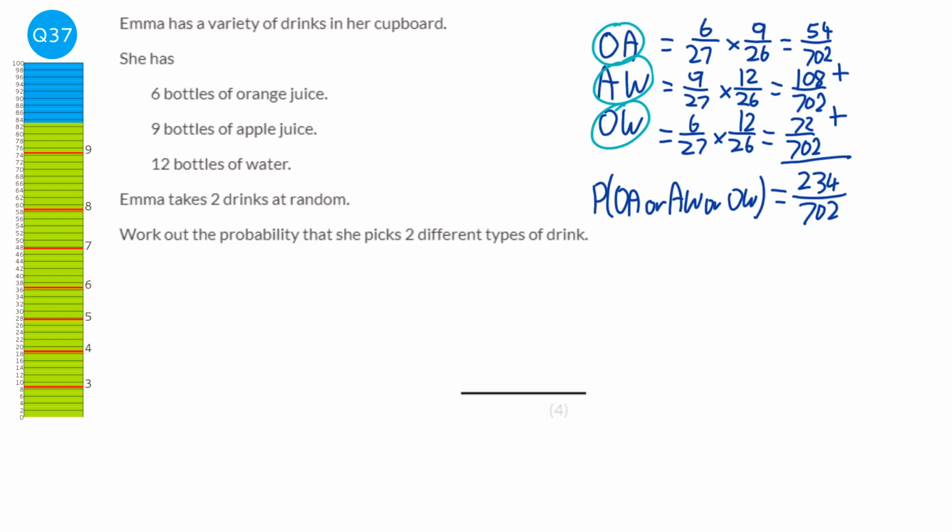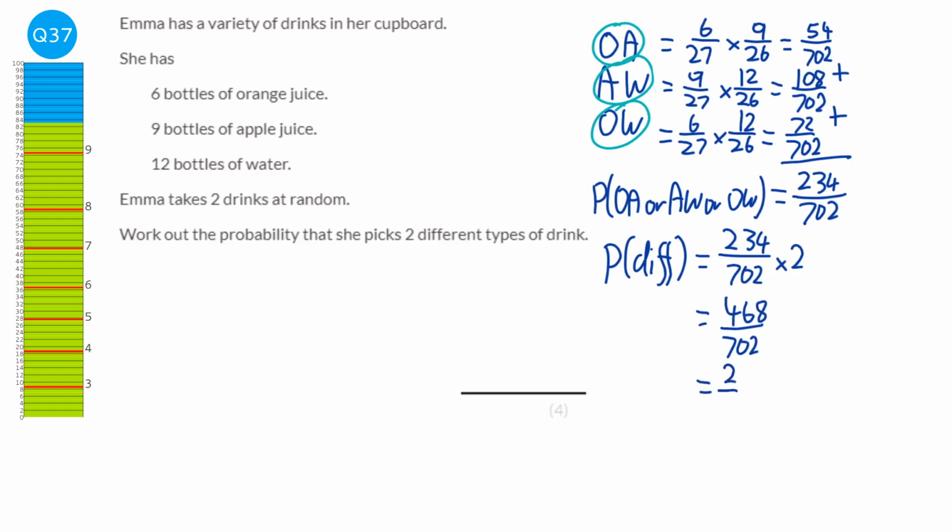I'm going to deal with that now. As I said, OA is equal to AO, AW is equal to WA, and OW is equal to WO. So all we need to do to find the probability that the drinks are different is get the 234 over 702 and just double it. We can do that by just doubling the numerator. So 468 over 702. That cancels down to 2/3. So there is a 2/3 chance that the drinks will be different.